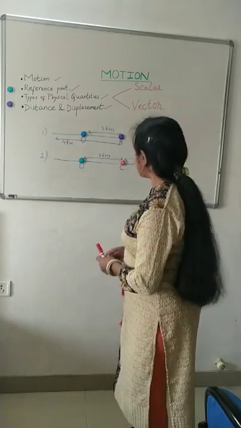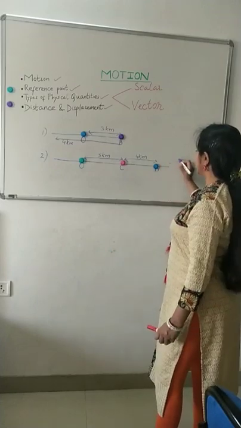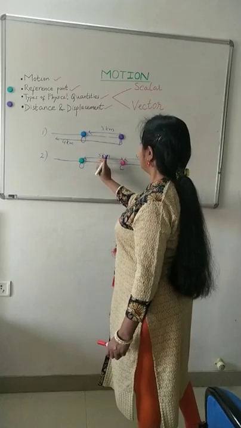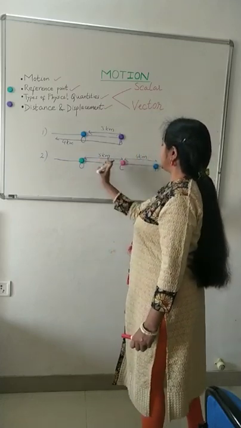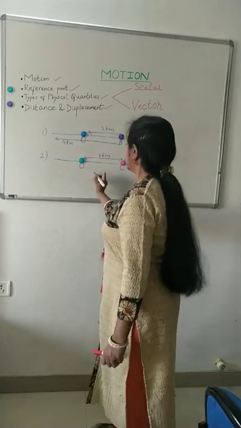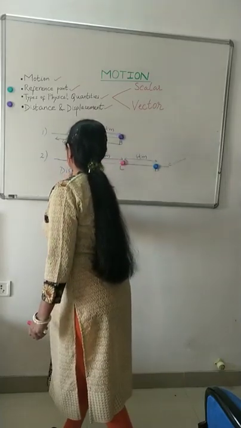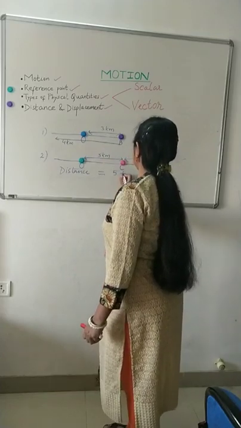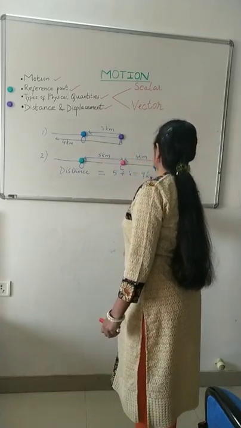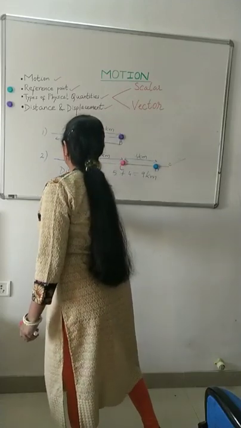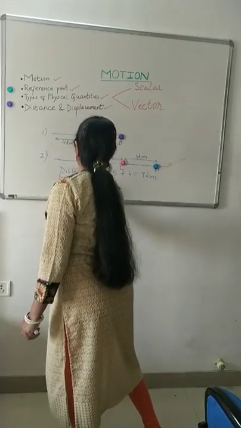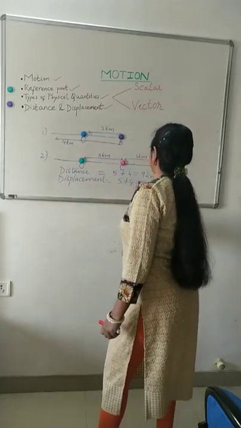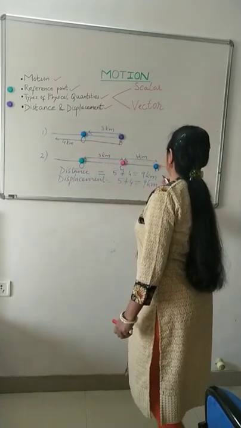You can see positive displacement in case 2 because the person is traveling 5 kilometers and then 4 kilometers towards the same direction. So here the distance travelled by the person is 5 plus 4, it is 9 kilometers, and displacement in case 2 is again 5 plus 4, which is 9 kilometers.